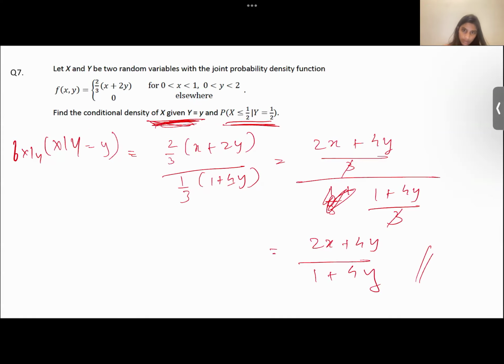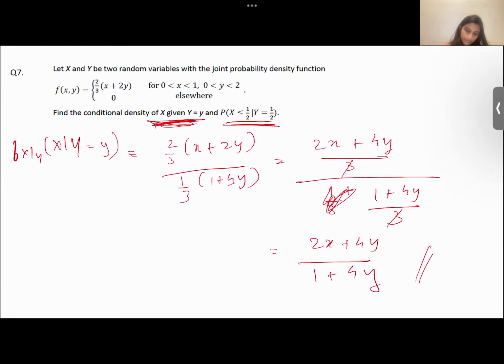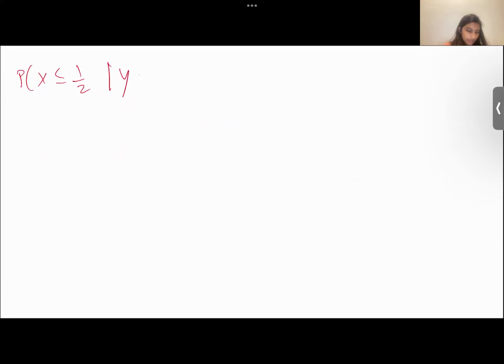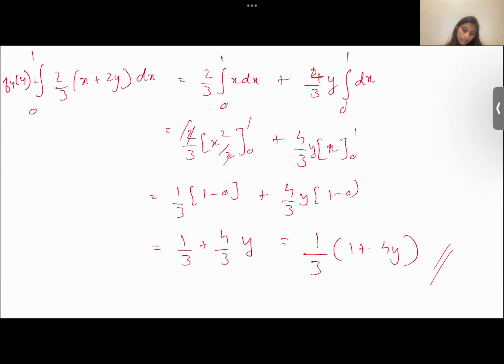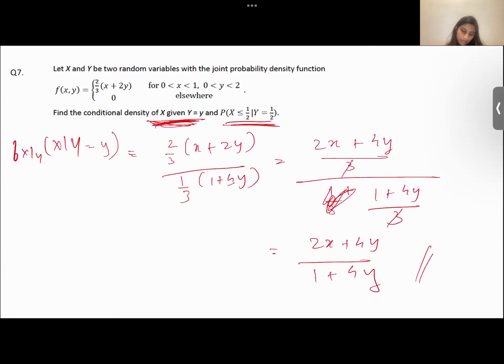Next, let's move on to the second part. Now you have to calculate P of x less than or equal to 1 by 2, given that y is equal to 1 by 2. So now basically the limits change.